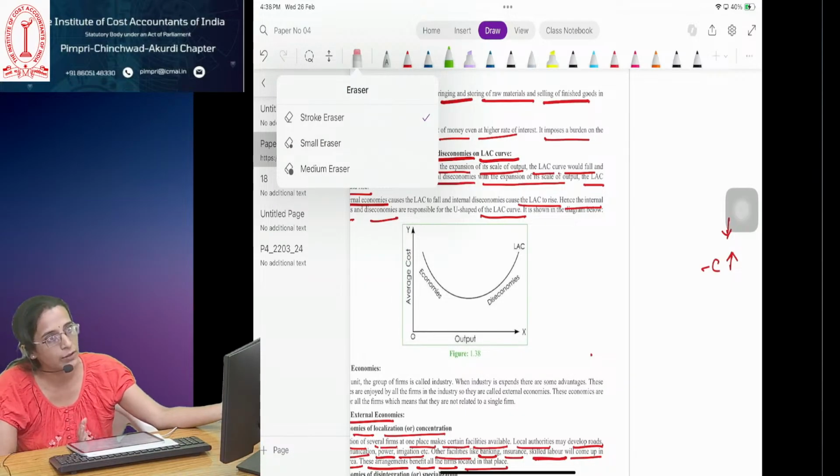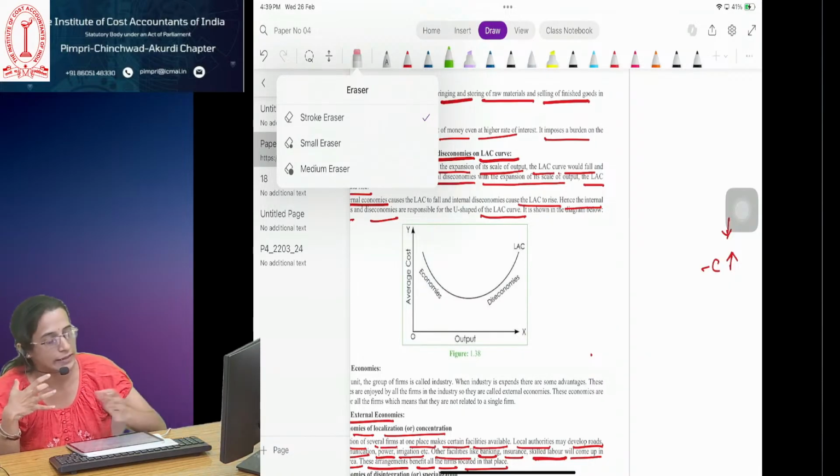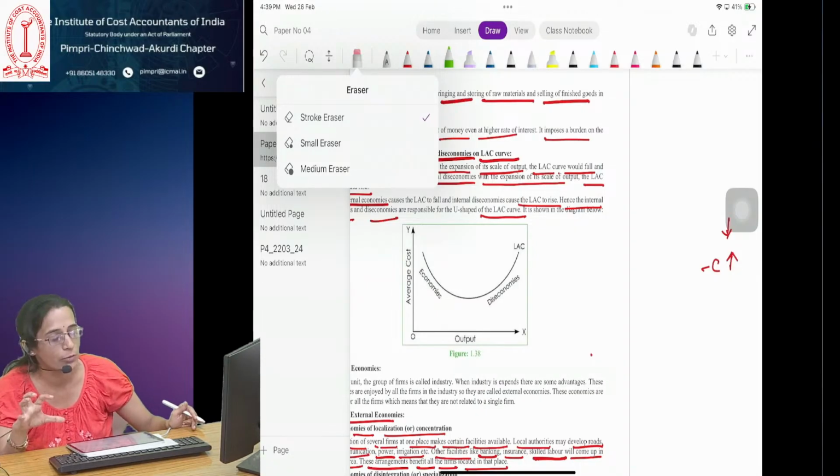Volume discount you got. So what will happen to the cost? Cost will reduce. And if it is a disadvantage, like in an urgent case you needed to borrow capital at a higher rate of interest, you got a disadvantage by increasing the scale of production. So in case of diseconomies, the cost will increase.